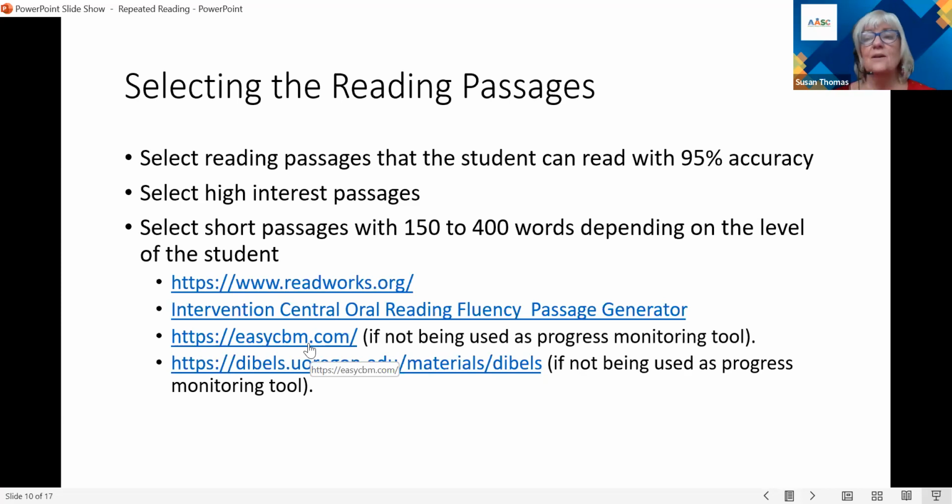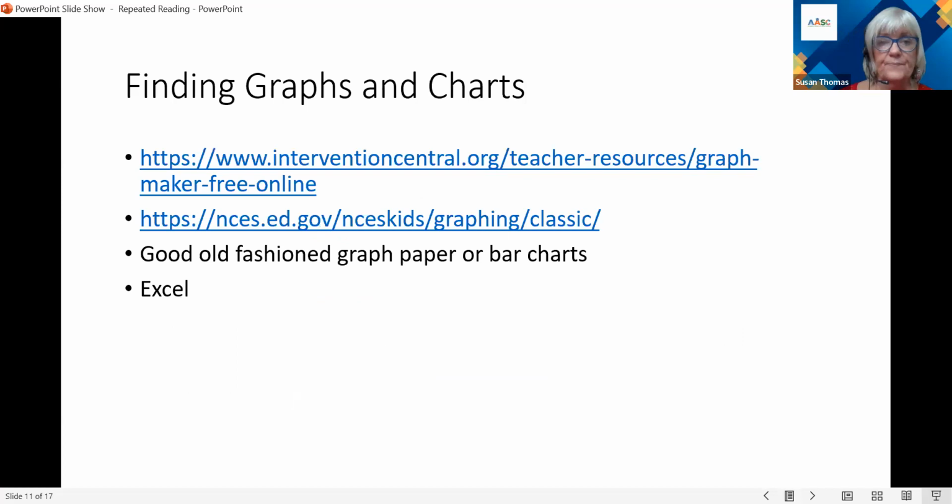So let's just say your district is using AimsWeb for progress monitoring, you could actually use the Easy CBM passages. But we don't want kids reading passages ahead of time when we're using them to progress monitor, because those should be cold reads. Same thing with DIBELS. If it's not being used for progress monitoring, you can download all of their probes for free. If you go to that website, it's done by grade level. And so you're going to find that reading passage. You probably know of even more places than I do where you can get different leveled and lexiled passages.